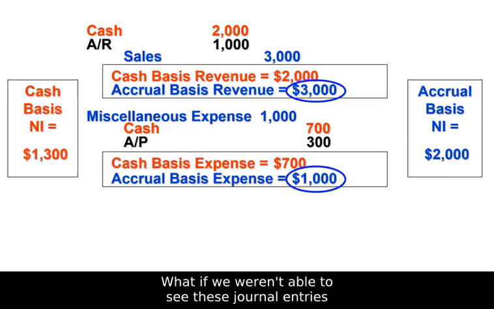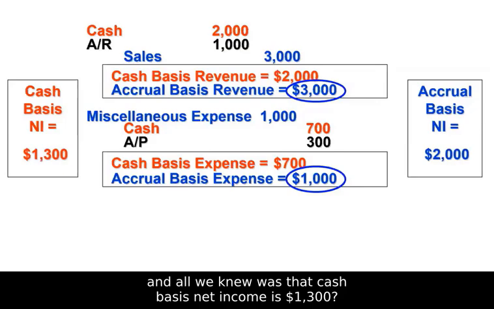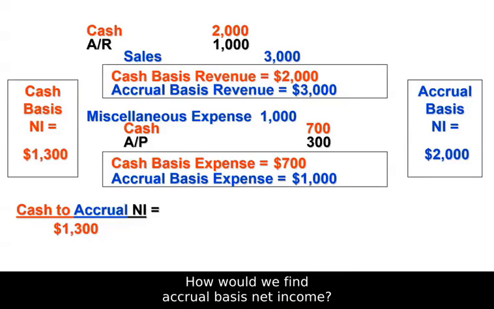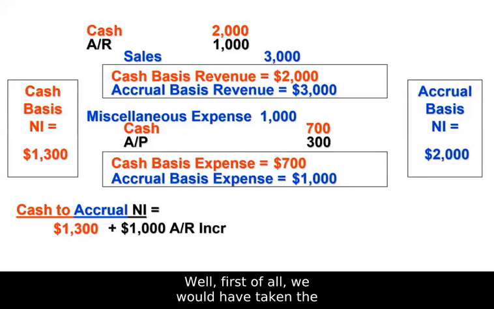What if we weren't able to see these journal entries and all we knew was that cash basis net income is $1,300? How would we find accrual basis net income? Well, first of all, we would take the accounts receivable. We'd look at the changes.